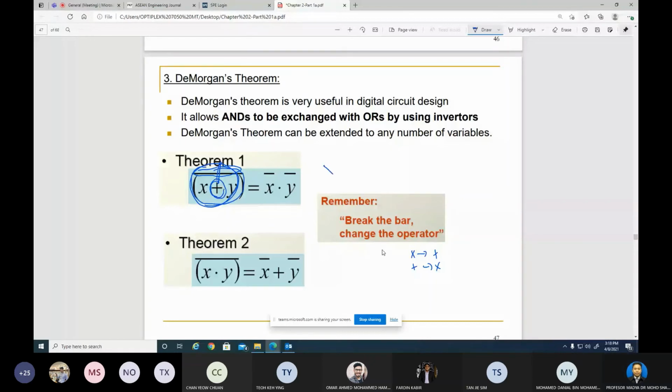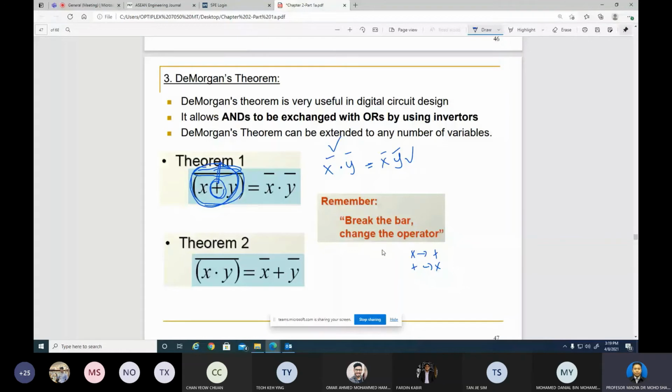So the answer will be X bar dot Y bar, or X bar Y bar, which is the same. So this one is right, and this one is also right. Make sure you remember this. For De Morgan, you have to remember that theorem 1 and theorem 2 work the same way.